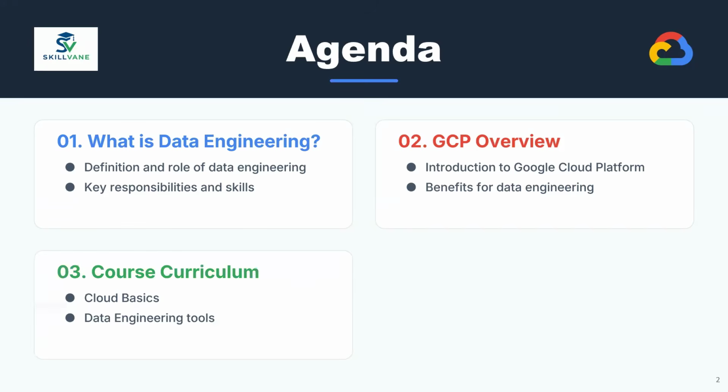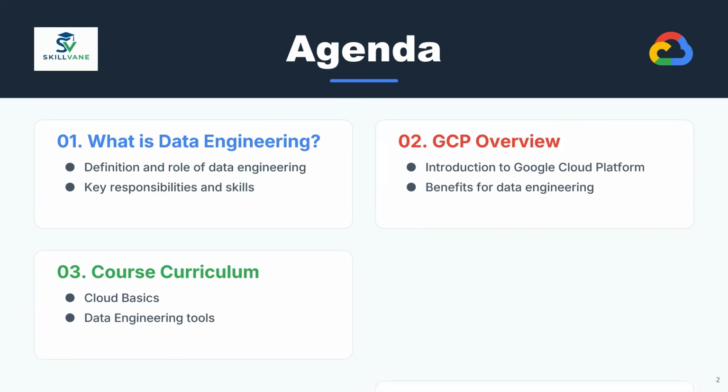And then I will also tell you about the detailed course curriculum. What are the cloud basics that we are going to cover? What are the data engineering services that we are going to cover? One by one, for whatever service we cover, I will tell you the detailed course curriculum.